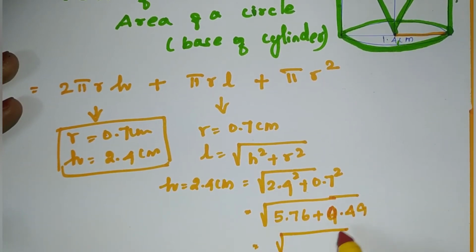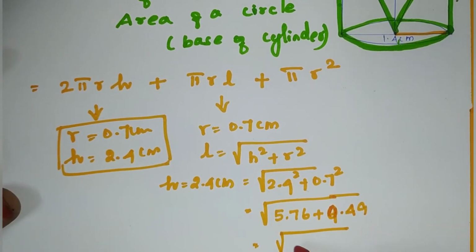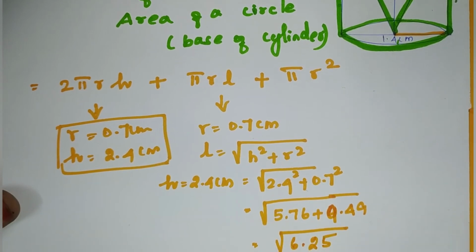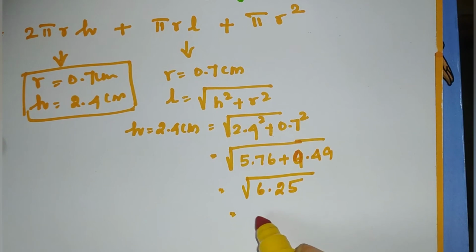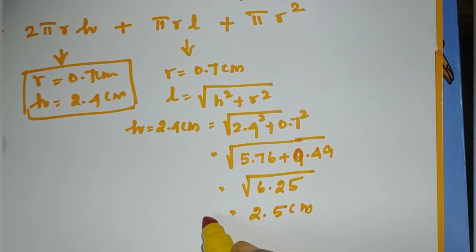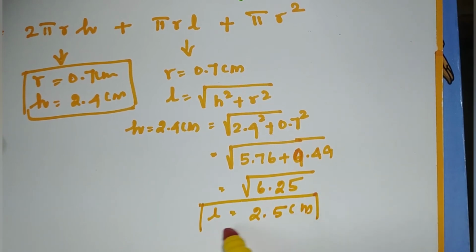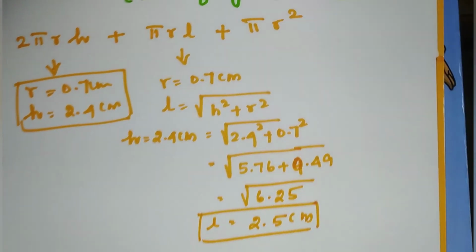If you add, you will get 6.25. Then if you take the square root, you will get 2.5 centimeter. That is, slant height is equal to 2.5 centimeter.